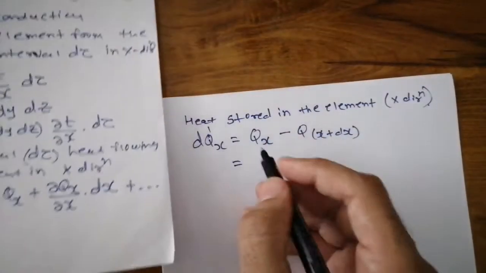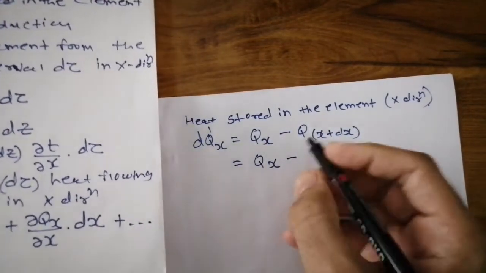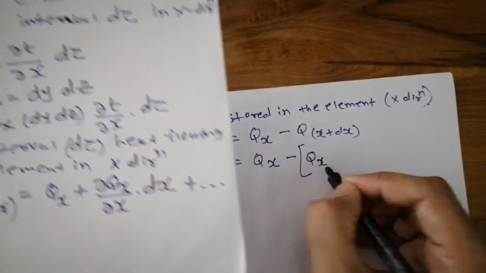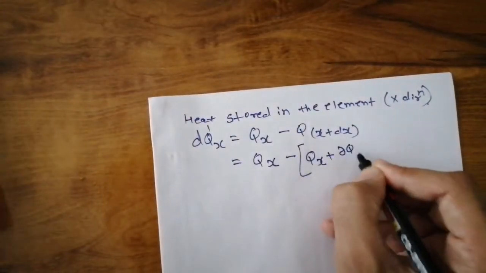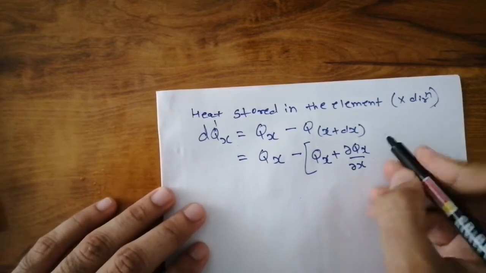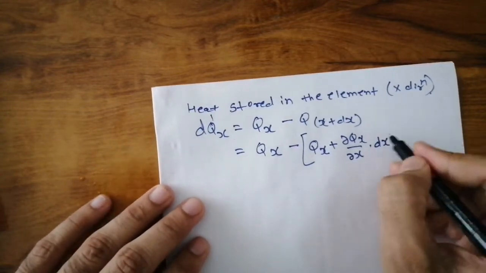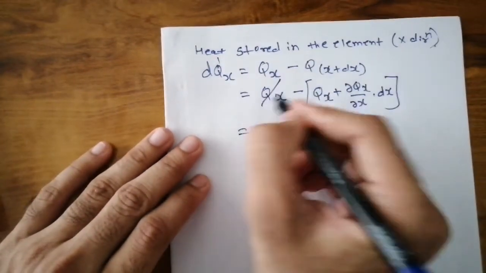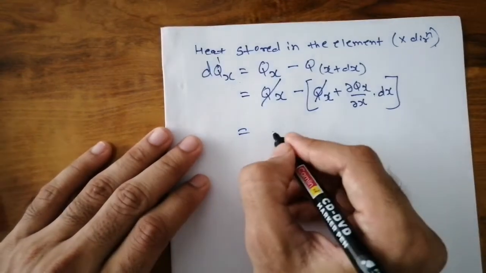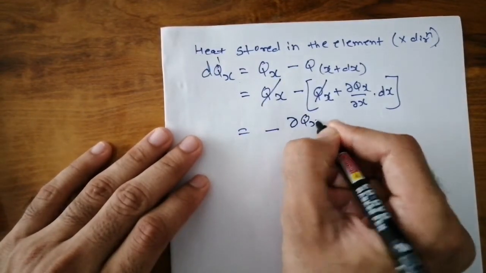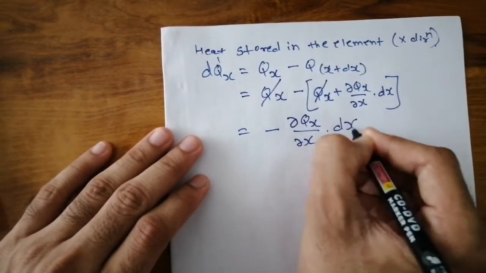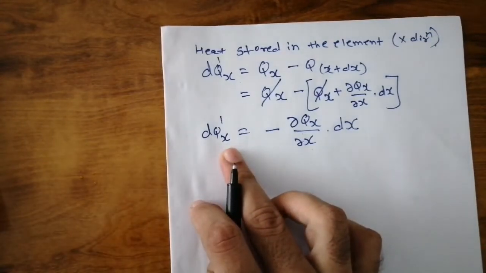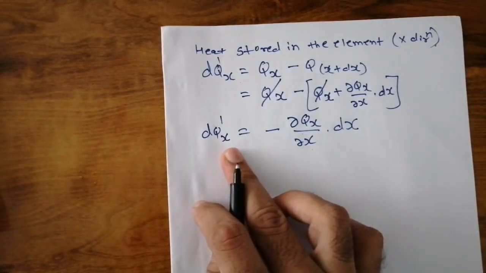We put it here, so we consider qx minus, inside the bracket, qx plus del qx divided by del x into dx. Higher terms we are neglecting. Now the bracket will be separated out, and qx will be cancelled out. So we can say minus del qx by del x into dx. So this is your equation for the heat stored in the element in x direction.